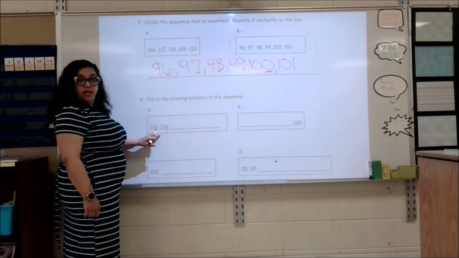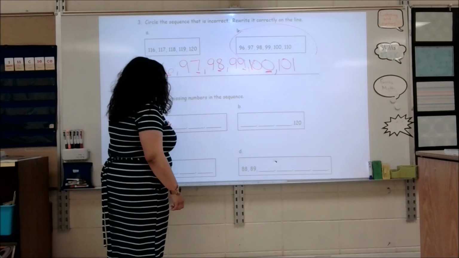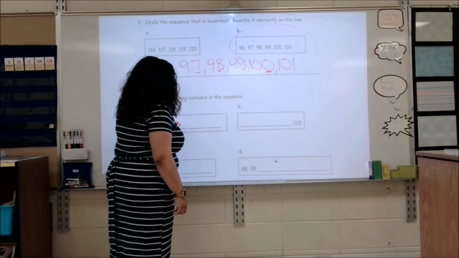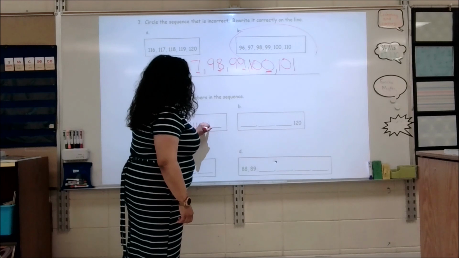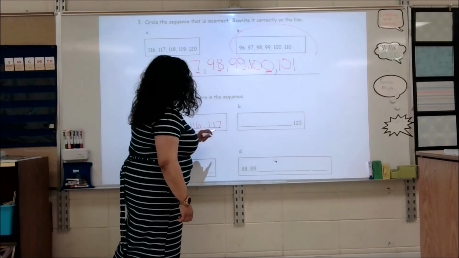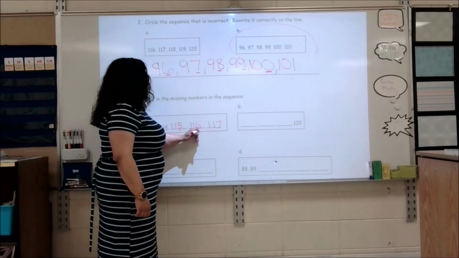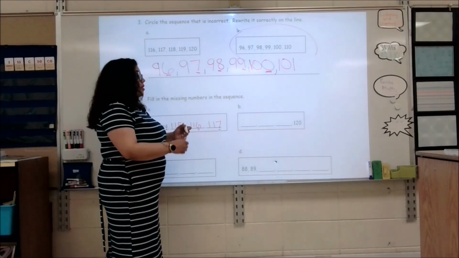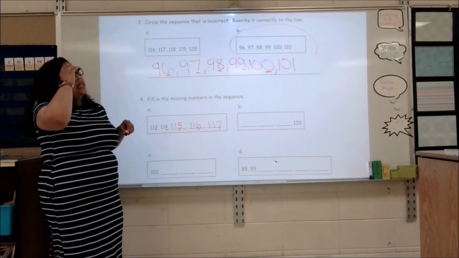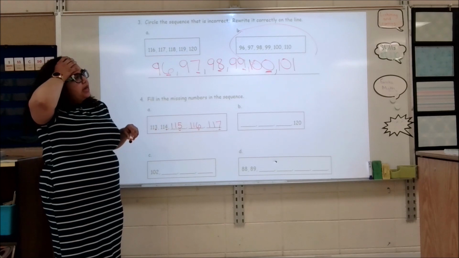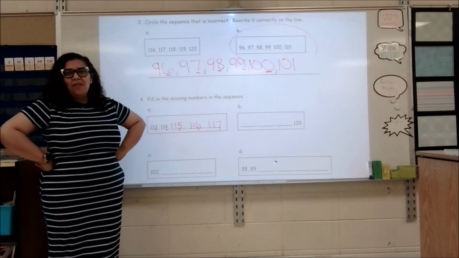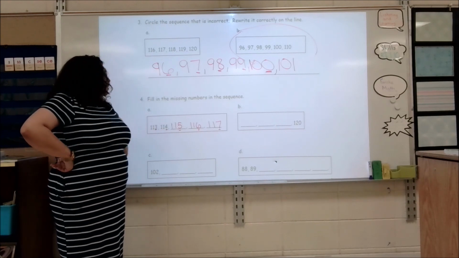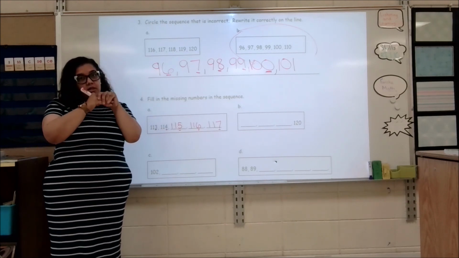So 113, 114, 115, 116, 117. Notice, I'm only changing the ones place. Now, the teen numbers are interesting. They always have to do their own thing, because when we talk about the teen numbers, we group the tens and the ones in one.